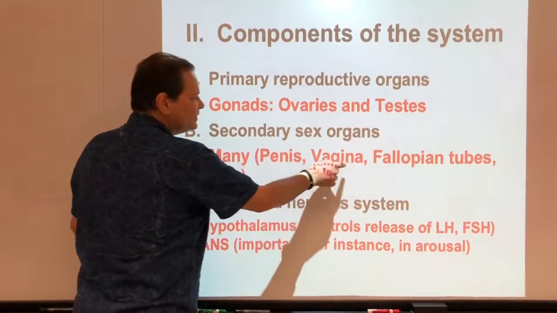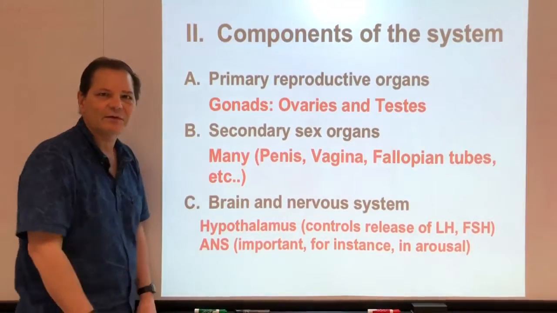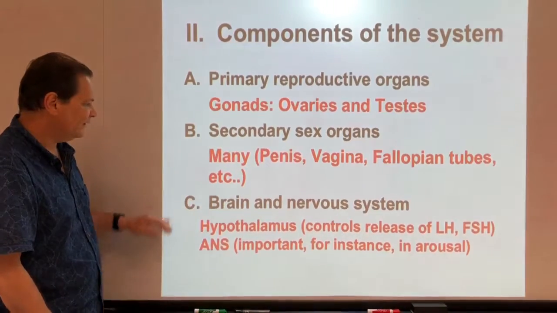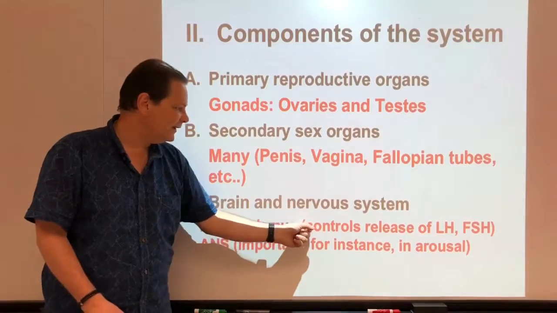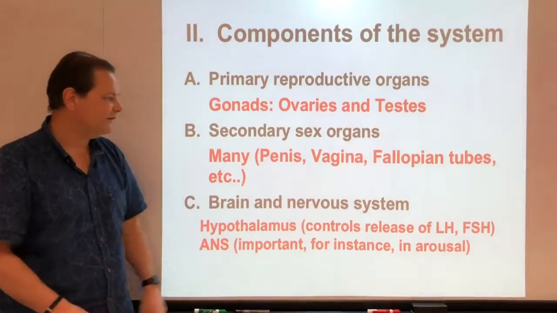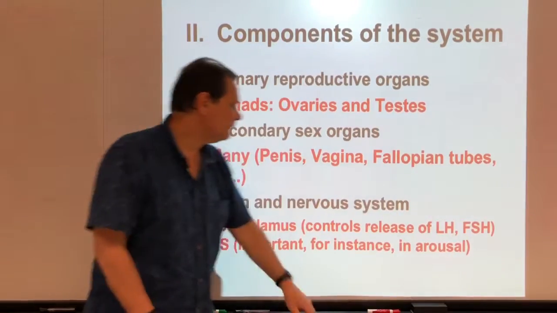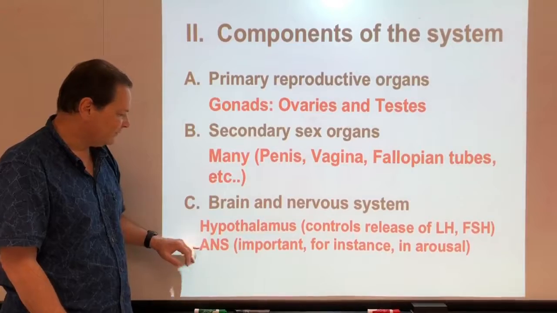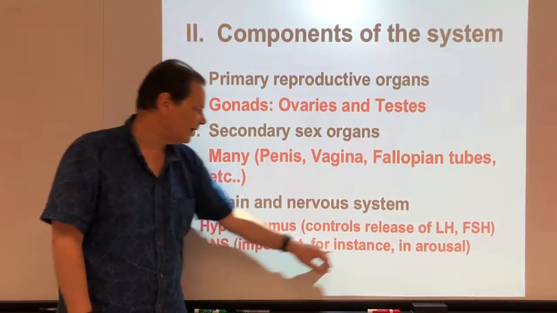We have the penis, the vagina, the fallopian tubes, the cervix, et cetera, right? These are the secondary sex organs. And then you have your brain and your nervous system. The hypothalamus is involved in the endocrine function and controls the release of your gonadotropins, luteinizing hormone and follicle-stimulating hormone, and you have your autonomic nervous system involved in reproduction. We won't talk a lot about that, but it's involved in things like arousal.